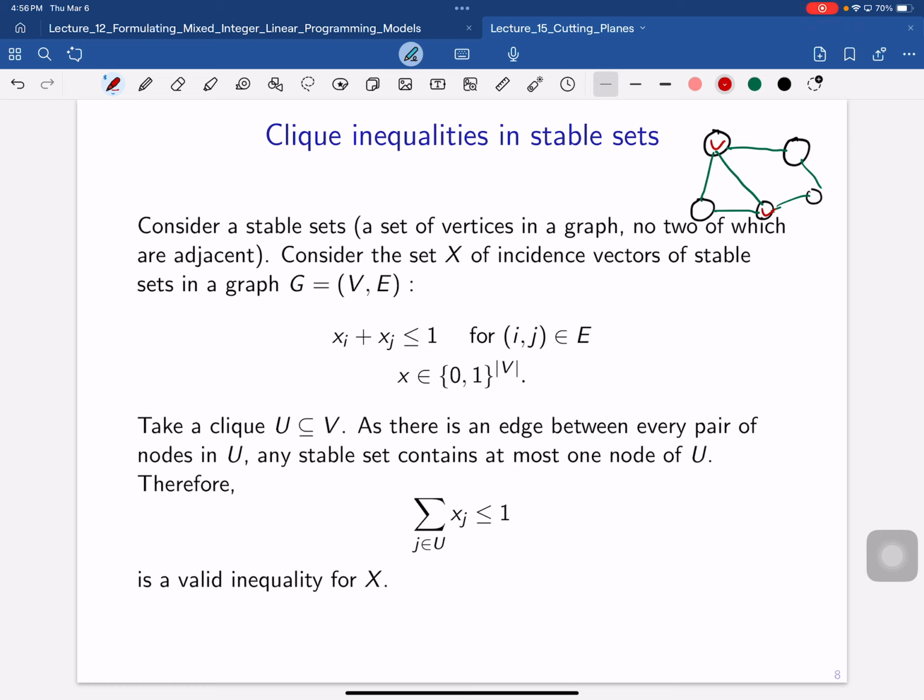And then the second thing we should talk about is what is called a clique. A clique of a graph means if you take a subset of the nodes, there exists an edge between any 2 nodes you pick in this subset.